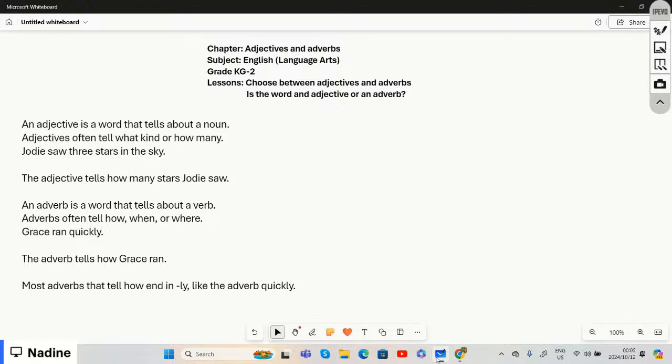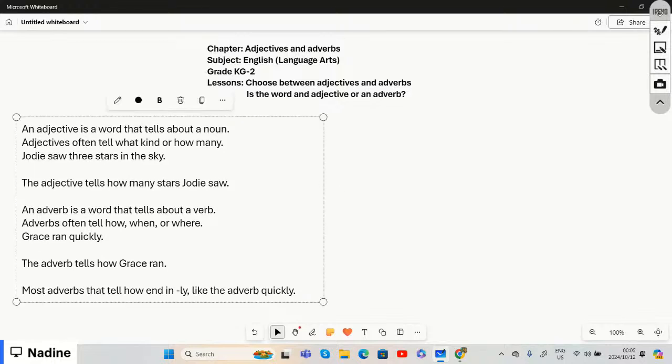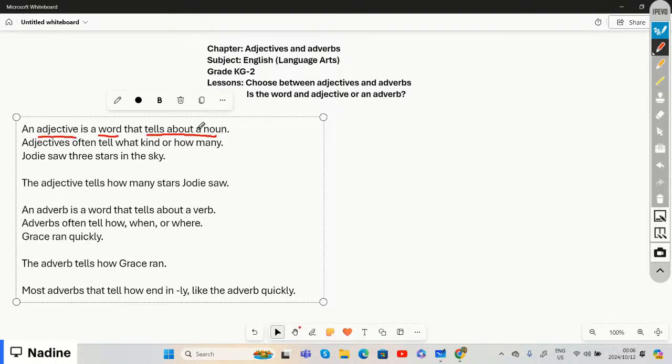All right. So when it comes to adjectives, as well as adverbs, an adjective, firstly, is a word that tells you about the noun.